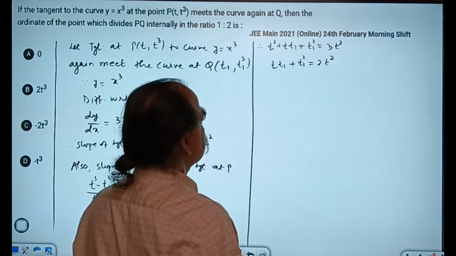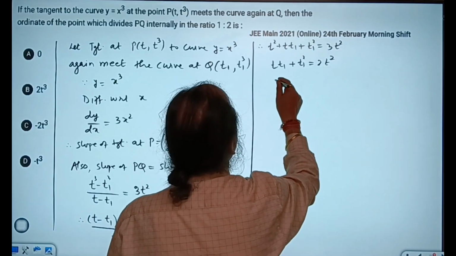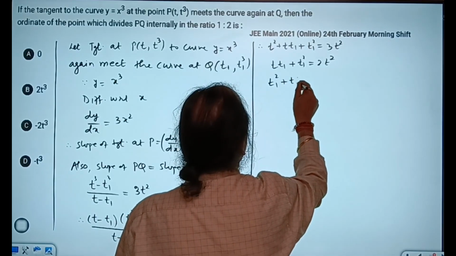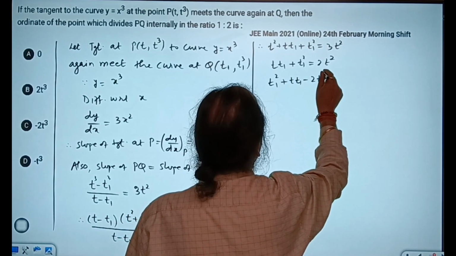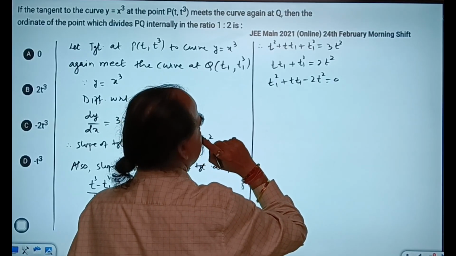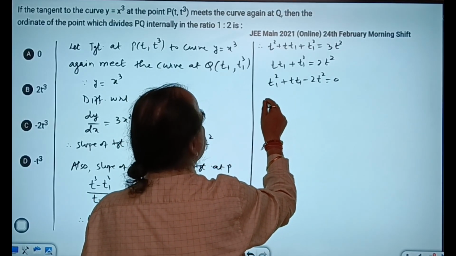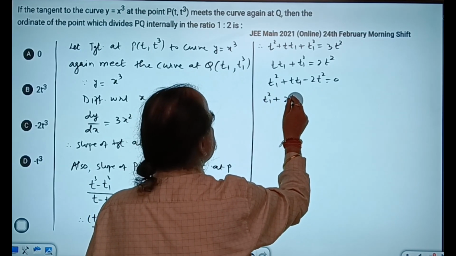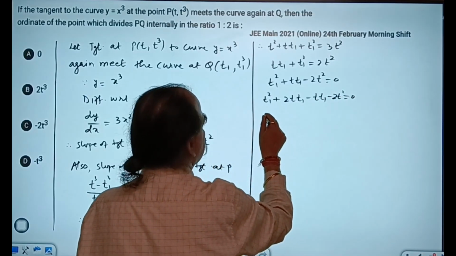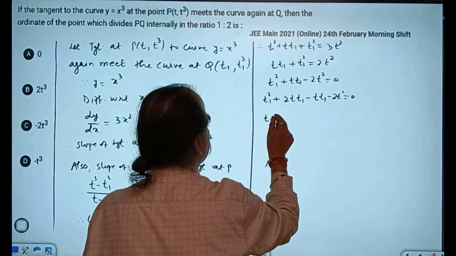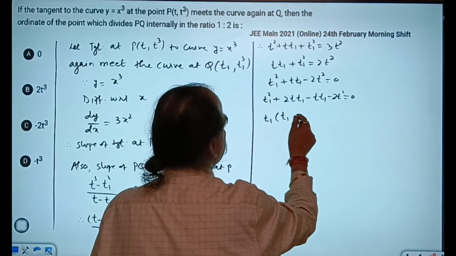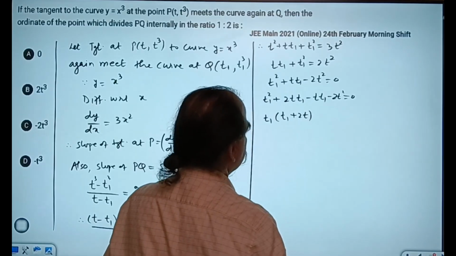Okay. So we'll solve for t1. t1 square plus t t1 minus 2t square equals zero. Splitting the middle term: t1 square plus 2t t1 minus t t1 minus 2t square.